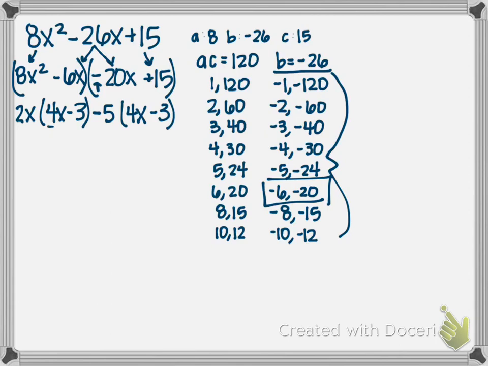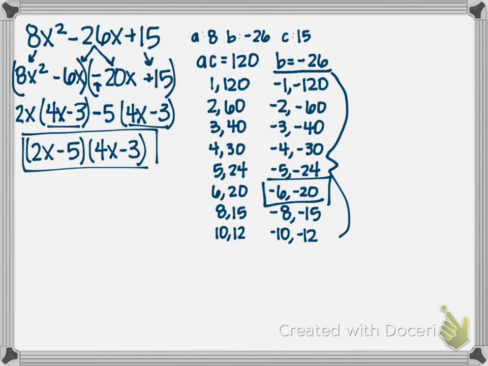Notice again that I have the same number in parentheses, which means 2x and -5 is being multiplied by the same thing, which means my factors are 2x minus 5 and 4x minus 3. And this would be my final answer, factoring 8x squared minus 26x plus 15.